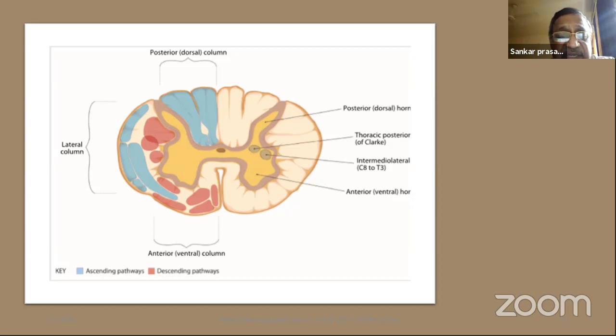So these are the three order neurons that conduct proprioception, whereas pain, pinprick, and temperature are conducted again to the dorsal root ganglion. Here, the central process at this level or a few levels up ends at the substantia gelatinosa or Rexed laminae 1 and 2, and from there the second order neuron starts and crosses in front of the central canal and ascends in the spinothalamic tract up to the thalamus, and there a third neuron goes to the parietal cortex.